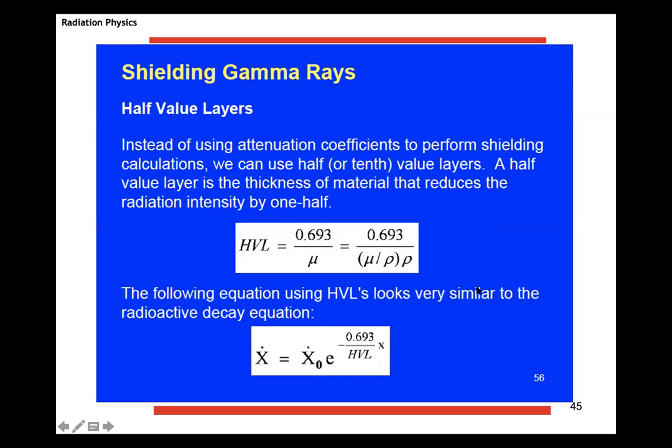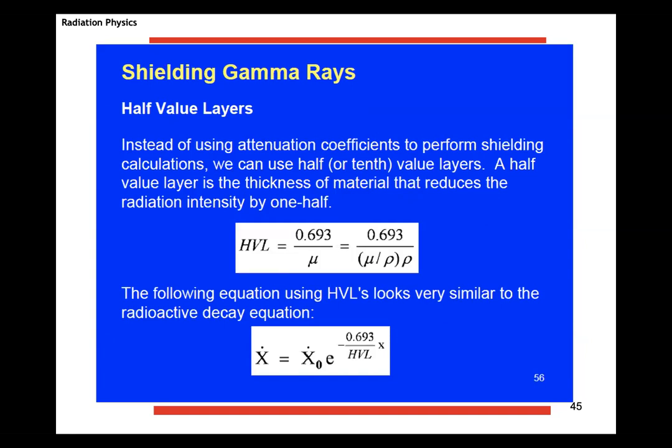Now, generally, instead of using the attenuation coefficient, it is more convenient to use the so-called half value layers. Sometimes people also use tenth value layers. Essentially, a half value layer, as you see written on the slide, is the thickness of material that reduces the radiation intensity by 1/2.